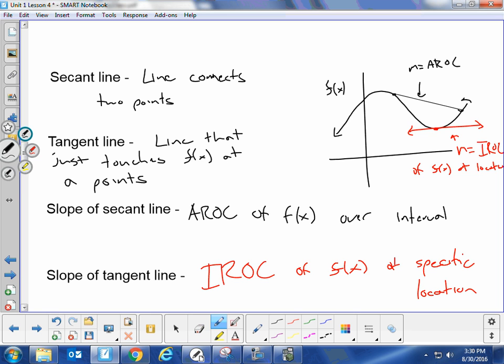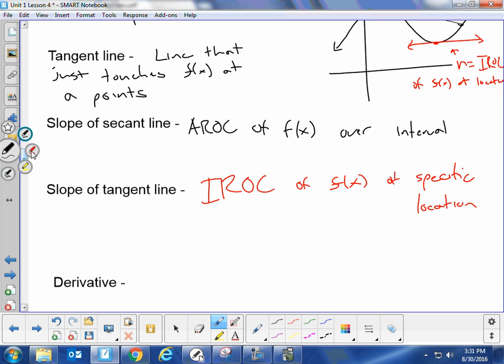Average rate of change of the function is the slope of the secant line over the interval. The slope of a tangent line ends up being the exact rate of change, or what we say is the instantaneous rate of change. Okay?